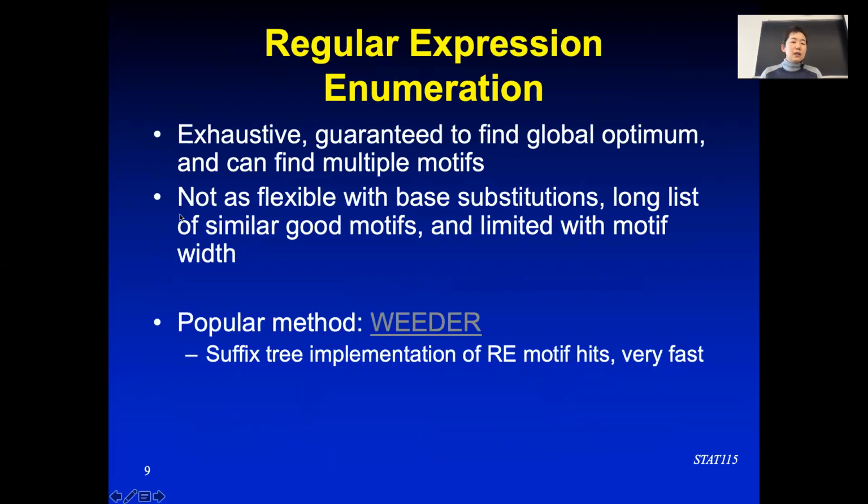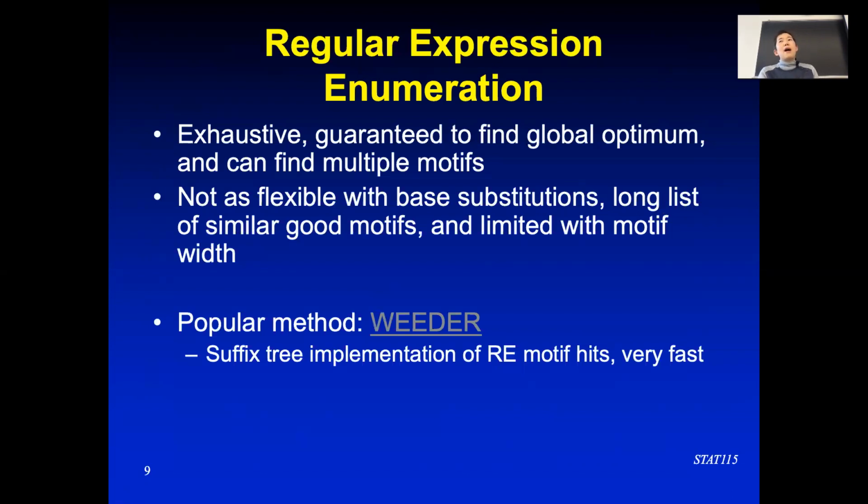However, using this approach is not as flexible with base substitutions. Even if you were to use the degenerate motif, use the IUPAC, you say, okay, this base can be either A or C, it's not very good. And also, sometimes they give you a very long list of motifs, and you look at them, they all look very similar.